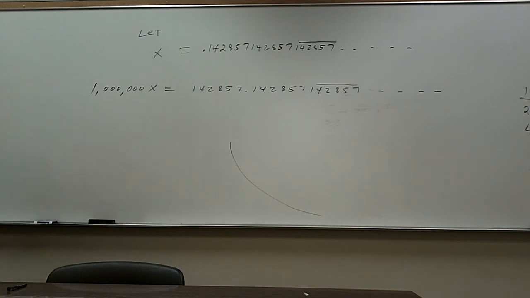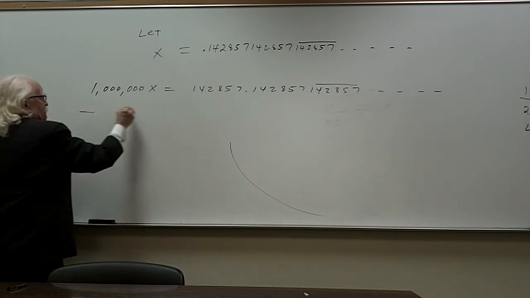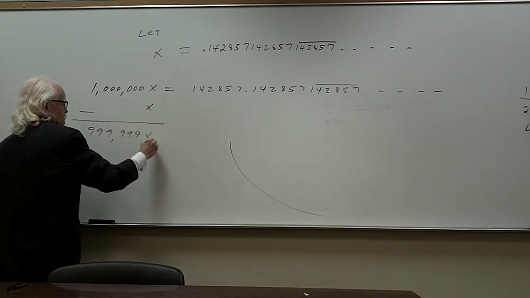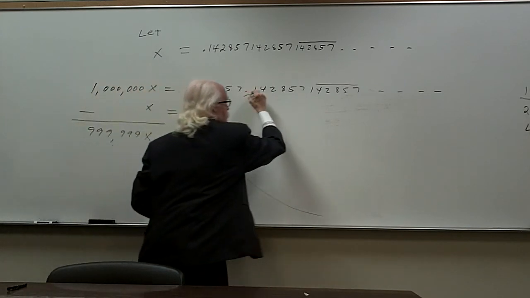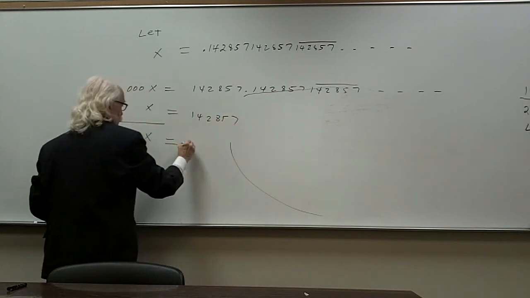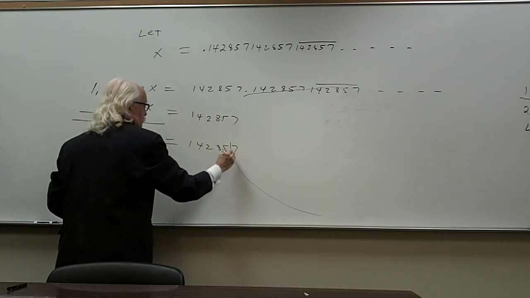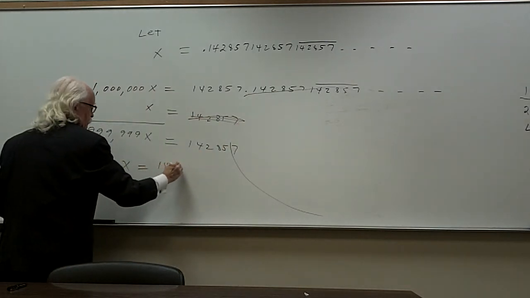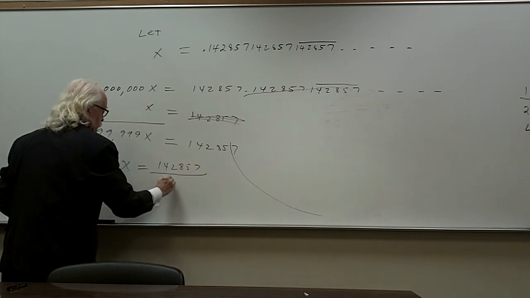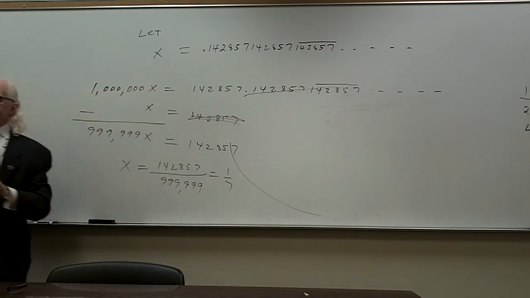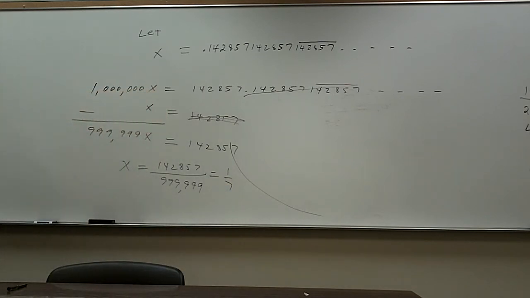Subtract an x from both sides. What did you get in your head? 142857 over 999999, which reduces to 1/7 quickly.